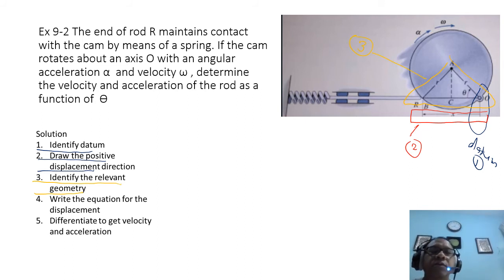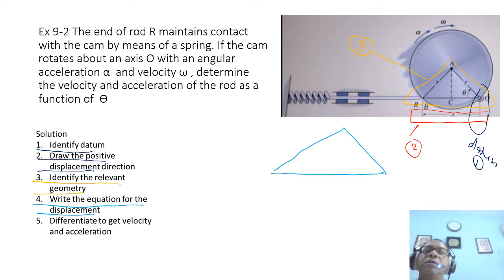And number 4 is to write the equation for the displacement. So I'm redrawing the triangle here. This is r, this is r, this is theta, and this is x. So this is also theta. So we can find that x is equal to this component and this component.